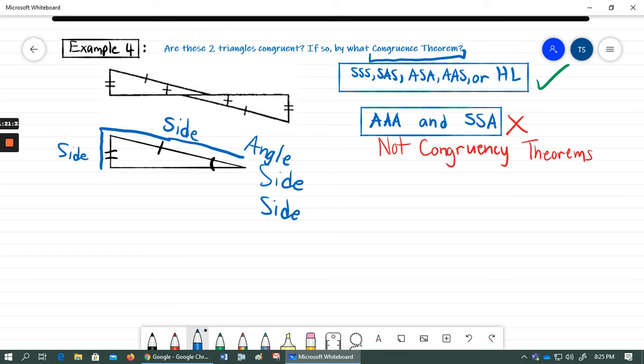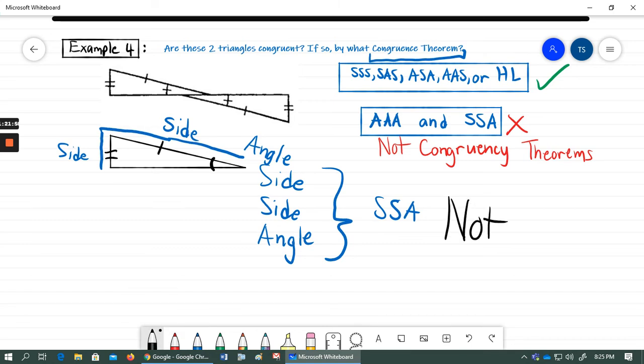But one way or another, folks, this one here is the one that we said does not work, right? That SSA is not one of the congruence theorems that we use. So these two triangles are not congruent.